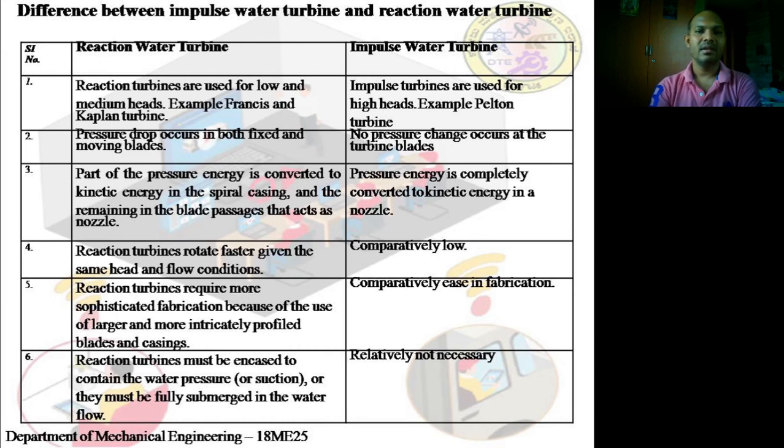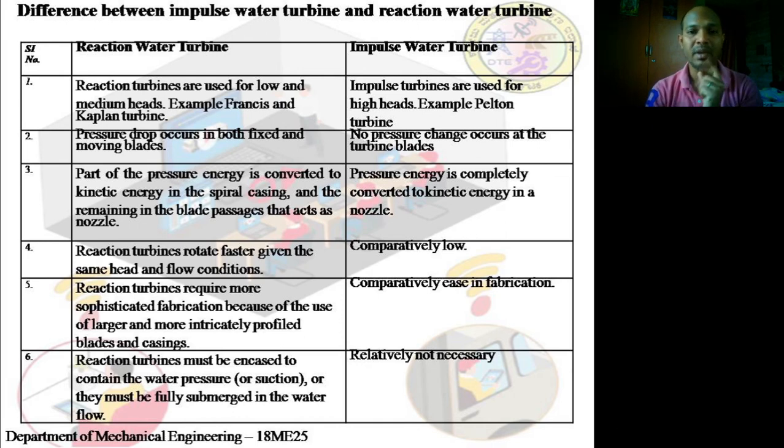Basically, the pressure drop occurs in both fixed and moving blades. Pressure drop of the water occurs both in fixed blades as well as in the moving blades, whereas in the impulse turbine no pressure change occurs at the turbine blades, only at the nozzle tip. That's it. No question of pressure change even in the turbine blades.